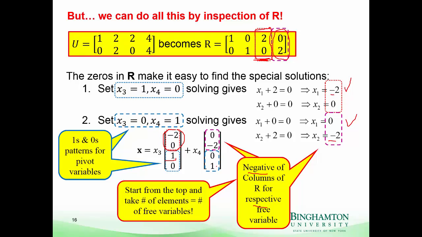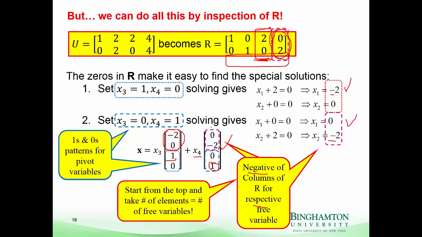For x4, that's the one that's set to 1. That's why we have the x4 out in front. We go to the fourth column, extract it, multiply by negative 1, or just another way to say that, negate it, and we're good. So in some cases, we may have extra rows down here, and so we don't take everything.